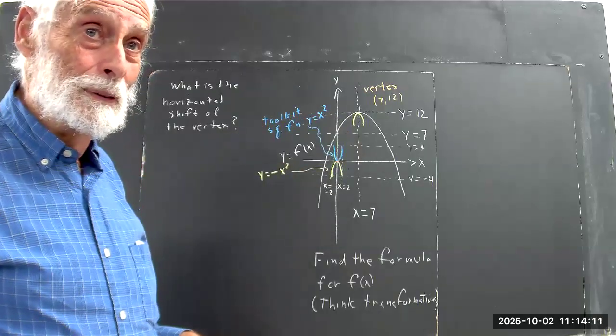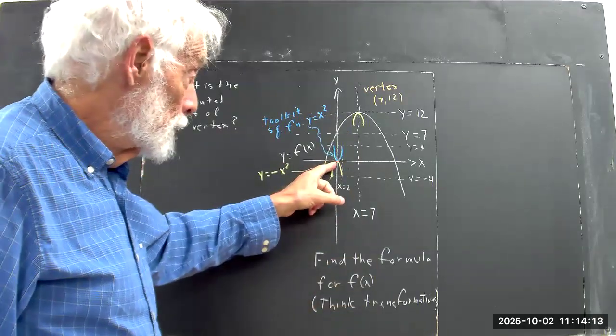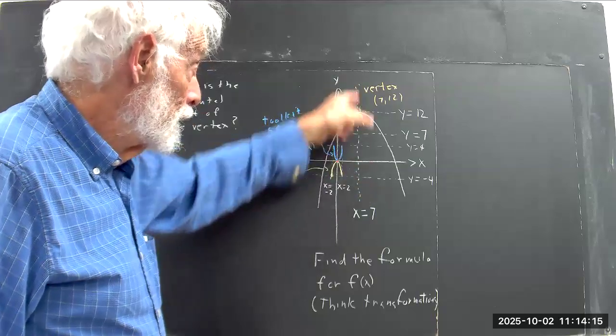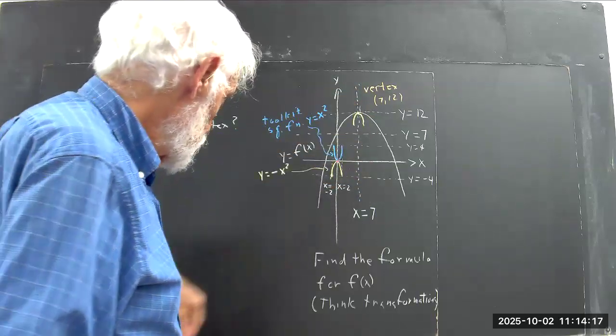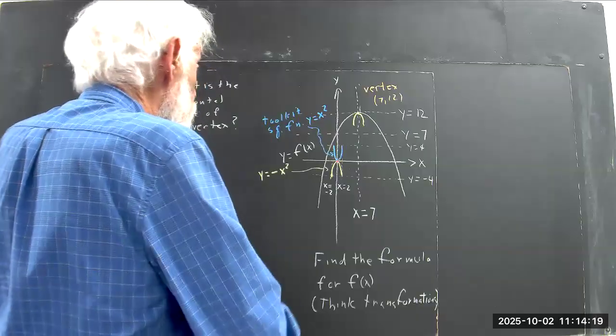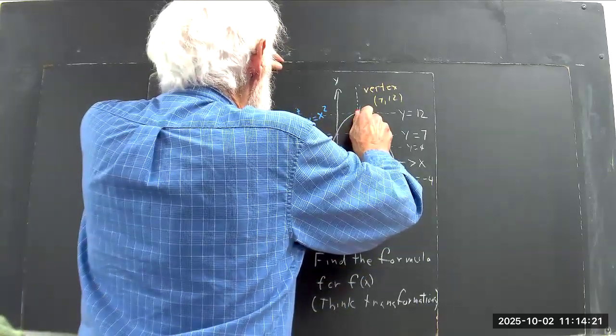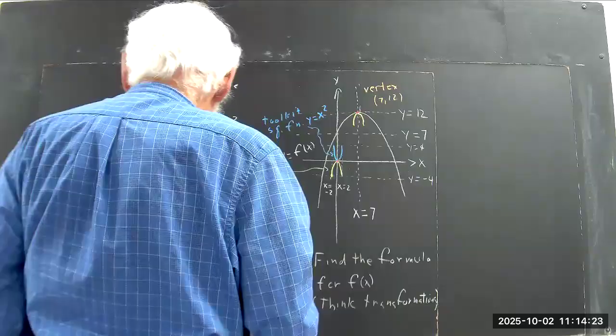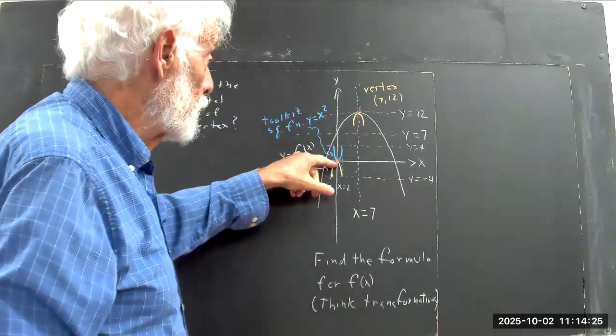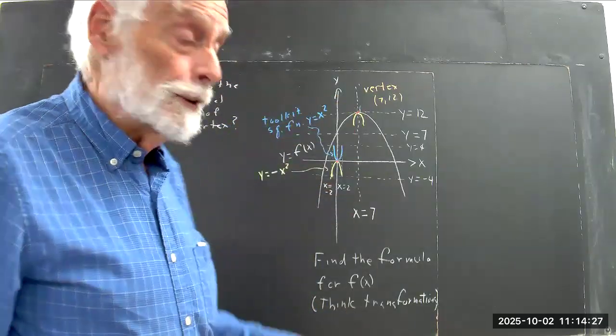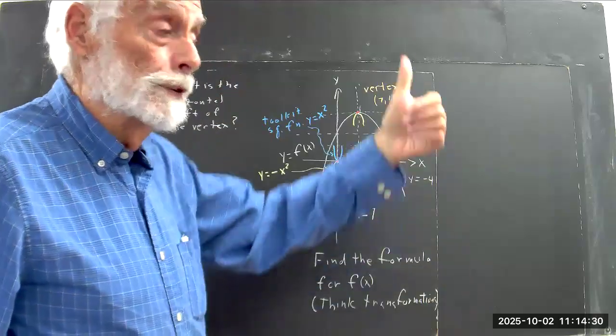Where does it have to go? It has to go from here to here. Vertex is here, now it's here. Put a red dot on it just to make it even clearer. Vertex has to go from here up to here. So it has to move horizontally and it has to move vertically.